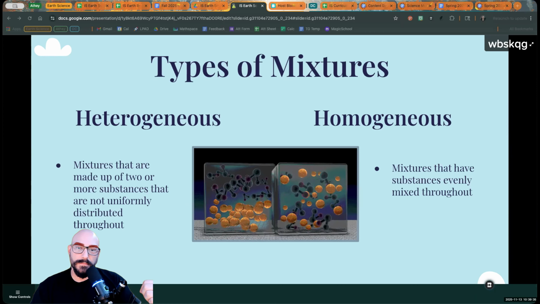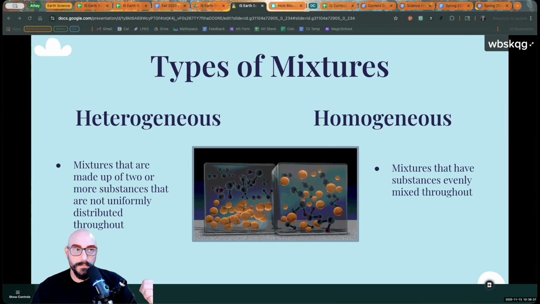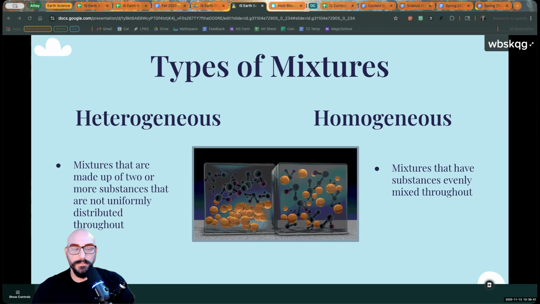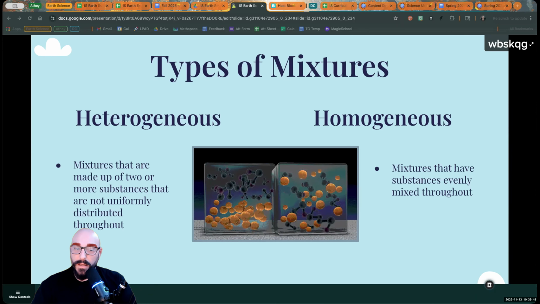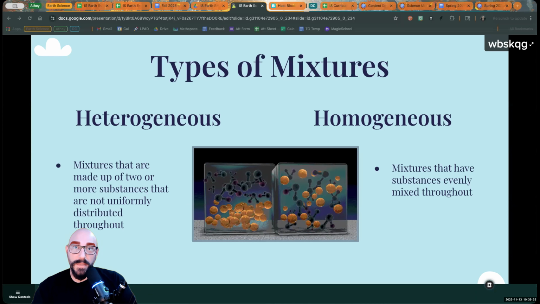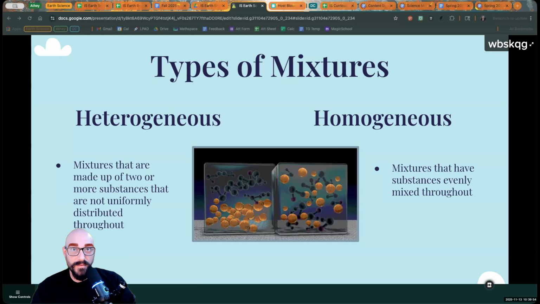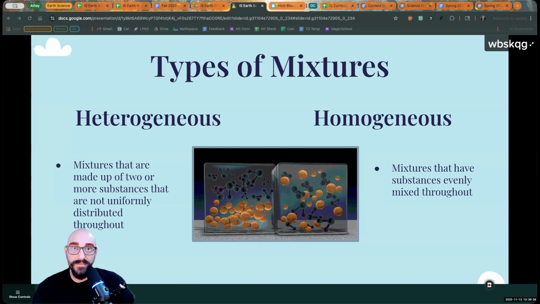I'm very familiar with these two. They're basically like, hetero is the different mixtures, and homo is the same mixtures. Yeah, so hetero means different, right? Homo means same. So heterogeneous means that there are different things mixed together, but they're not mixed together evenly.